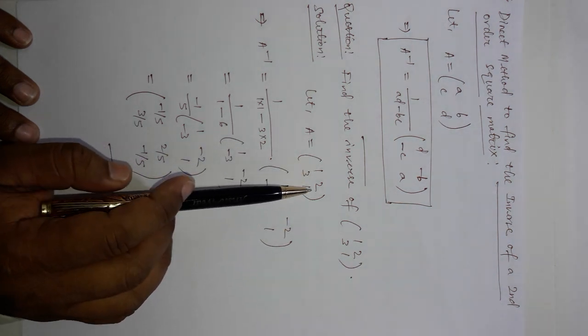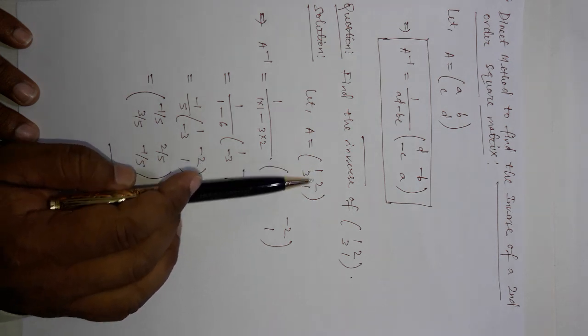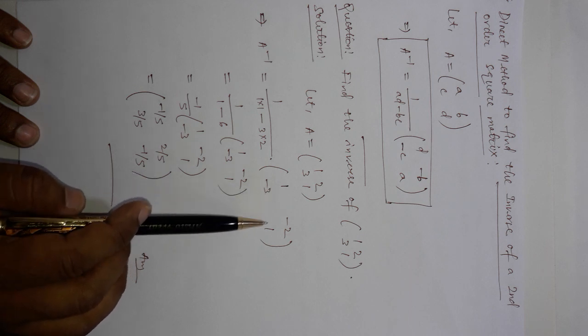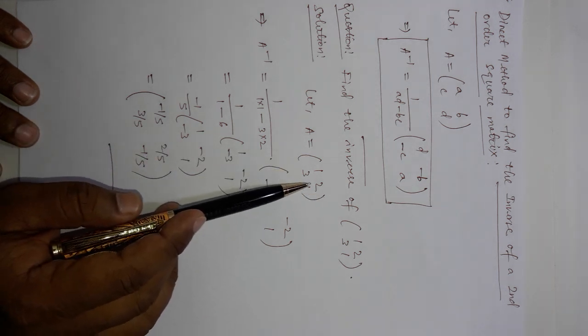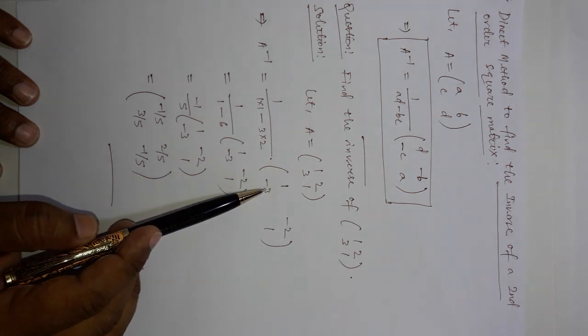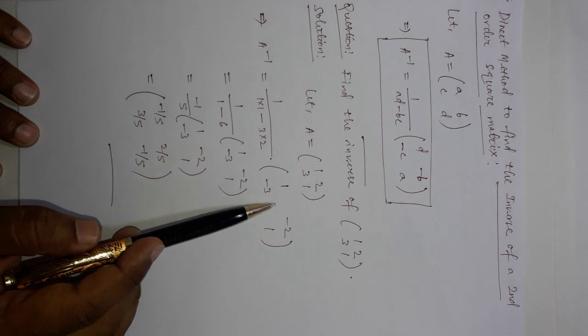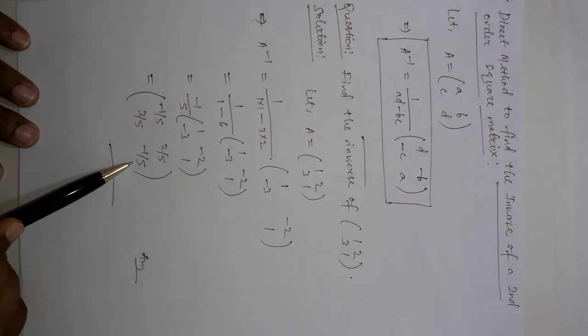I told you left diagonal elements will interchange. Here 1 and 1 if interchanged are both the same, so no change will happen, and right diagonal elements I will change the sign. Now, this positive 2 and 3 becomes negative, it becomes minus 2 and minus 3. So, now you can calculate and you can get the inverse in this way.